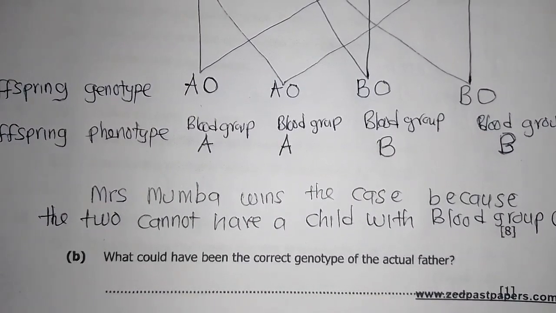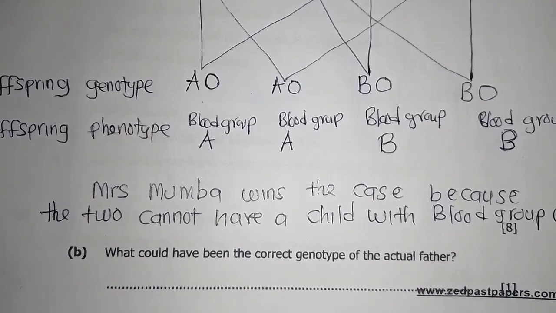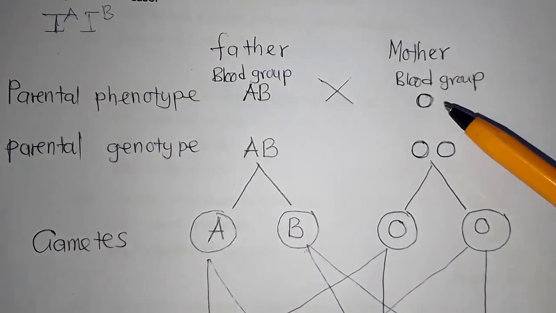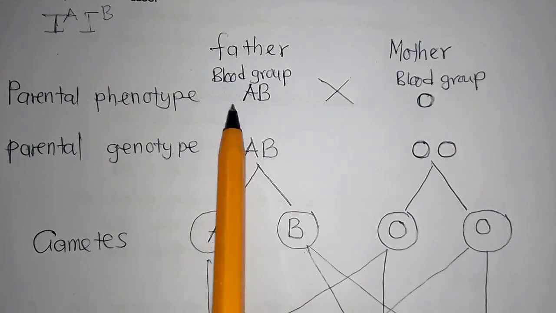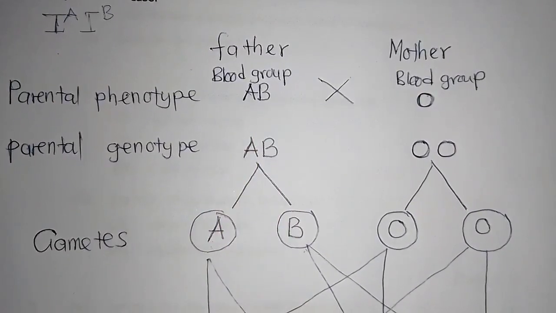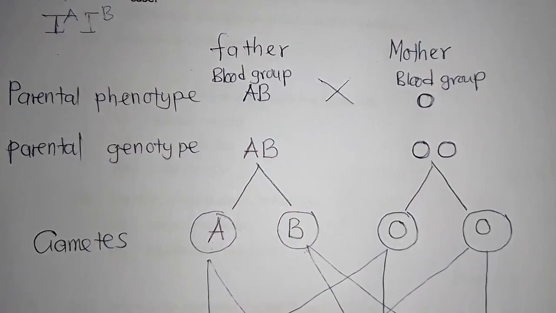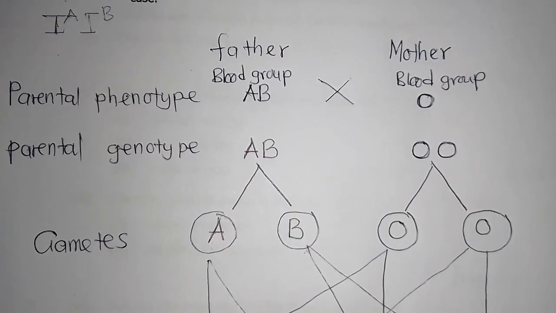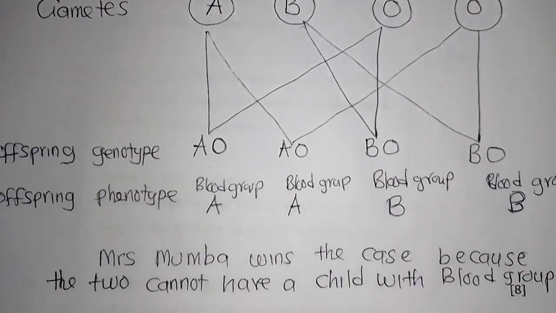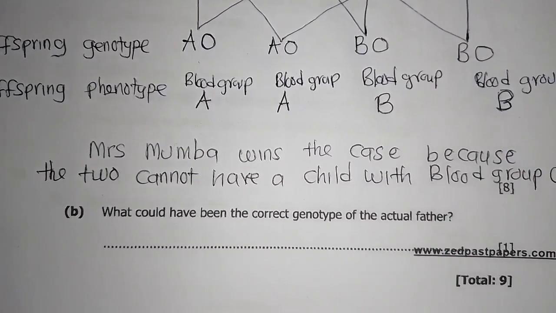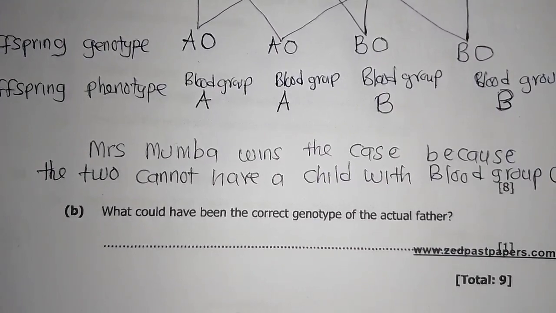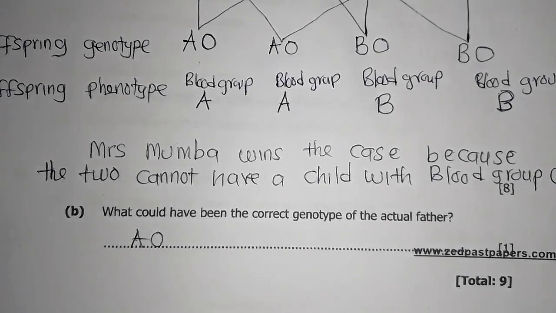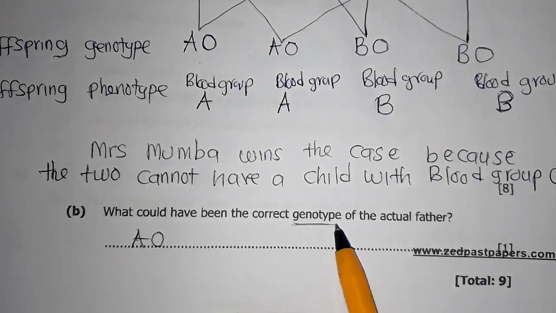As long as the mother is having blood group O, so any other blood group apart from AB, then possibilities are there to have a child with blood group O. Have you seen? It is saying the correct genotype.